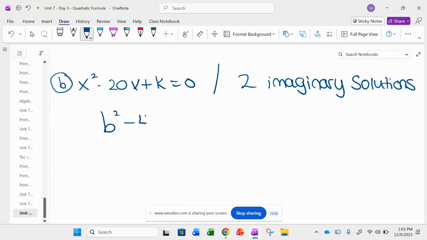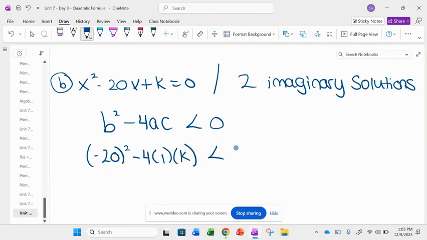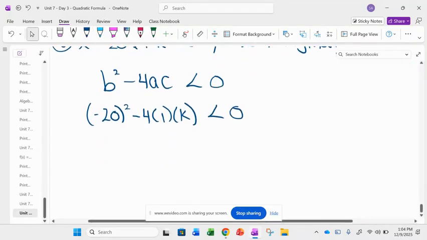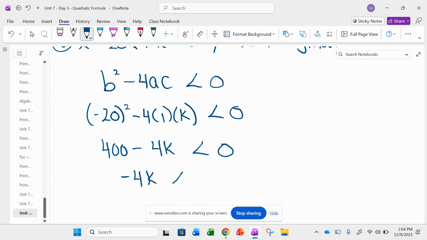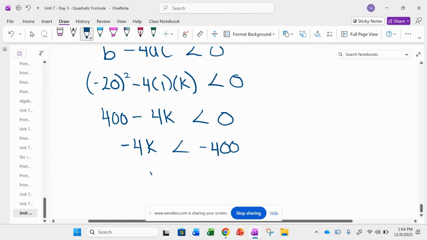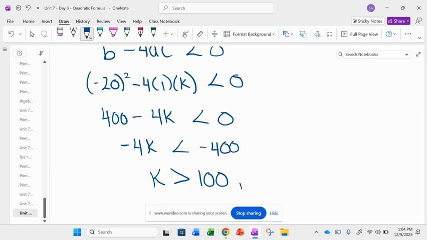So I need b squared minus 4ac to be less than 0. So again, we have negative 20 squared minus 4 times 1 times k less than 0. Positive 400 minus 4k is less than 0. Negative 4k is less than negative 400. But when we divide by a negative, what do we have to do to the inequality? Flip it. So we need k greater than 100. If k is greater than 100, then we will have two imaginary solutions.